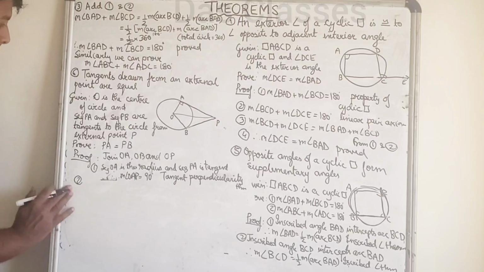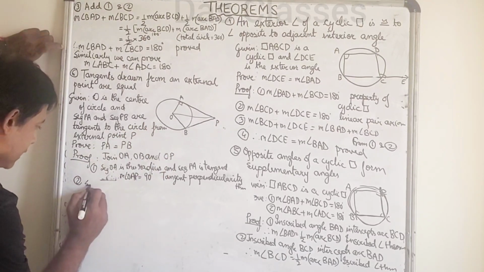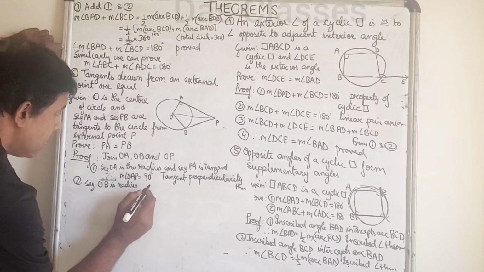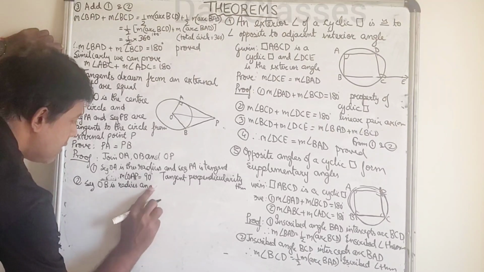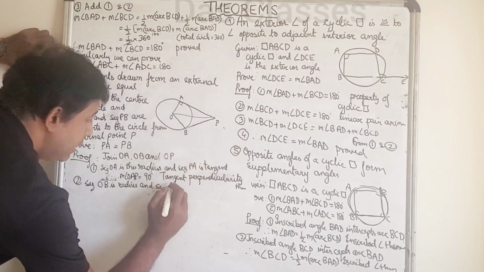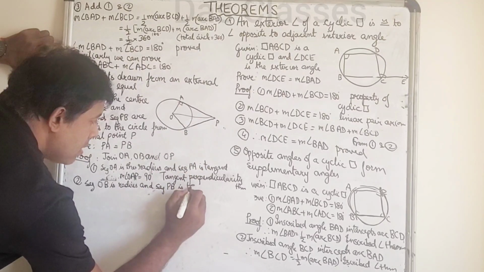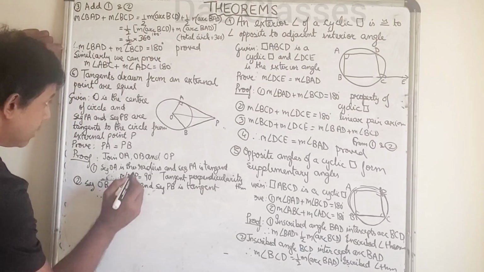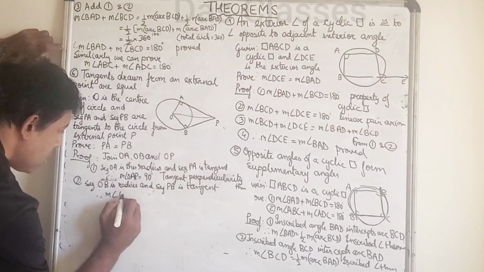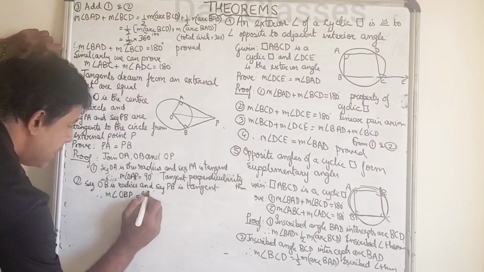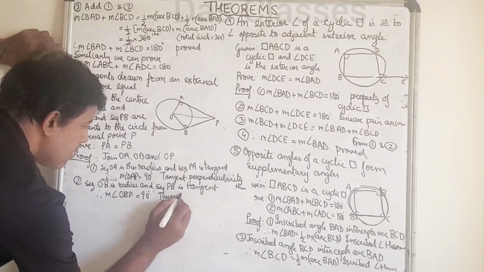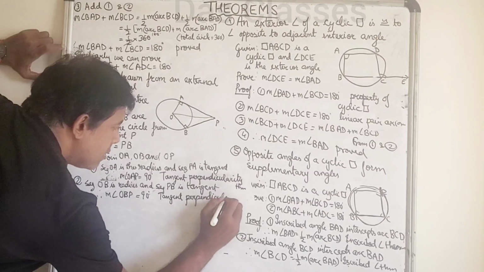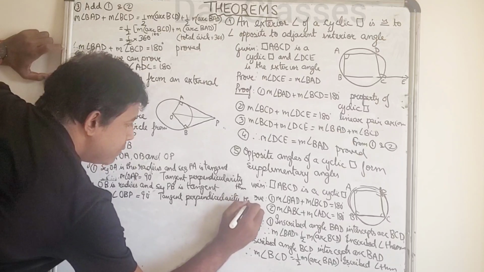Same way, same thing. Segment OB is the radius. And segment PB is tangent. Therefore measure angle OBP is 90 degrees. Again the same reason, tangent perpendicularity theorem.